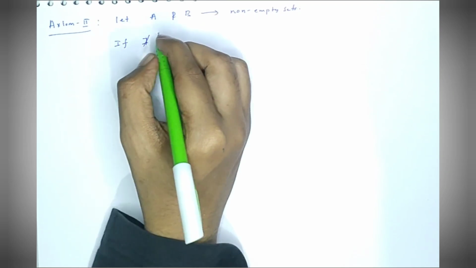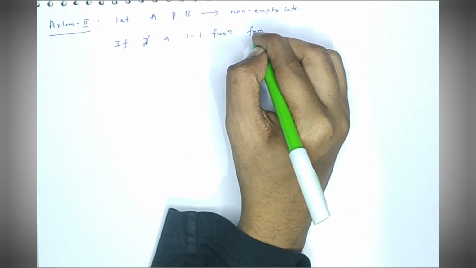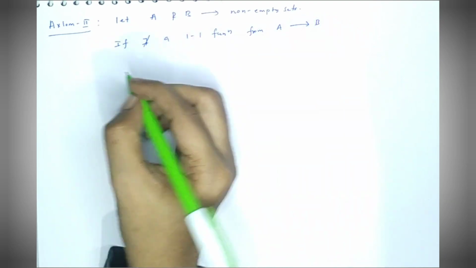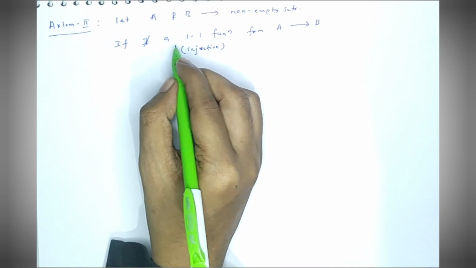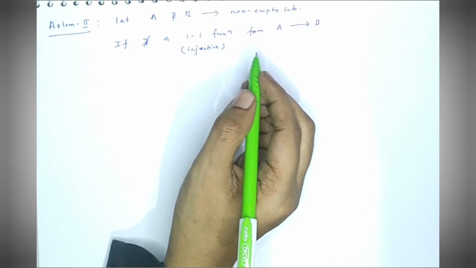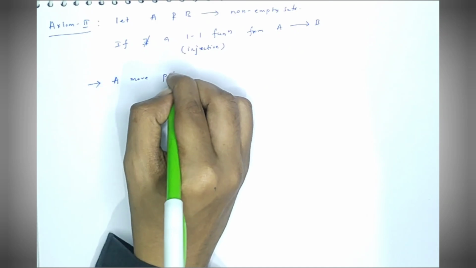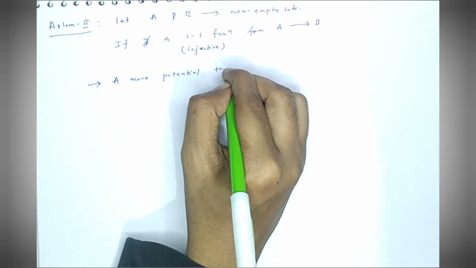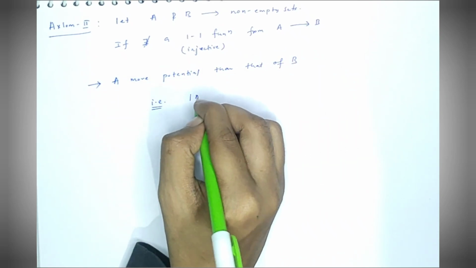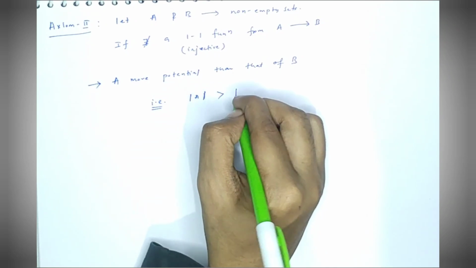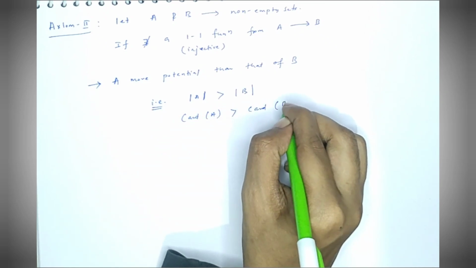If there doesn't exist a one-one or injective function from set A to set B, we say that A has more potential than that of set B. That is, the potential of set A is greater than the potential of set B. That is, the cardinality of set A is greater than the cardinality of set B.